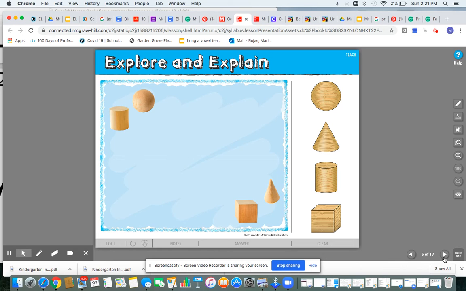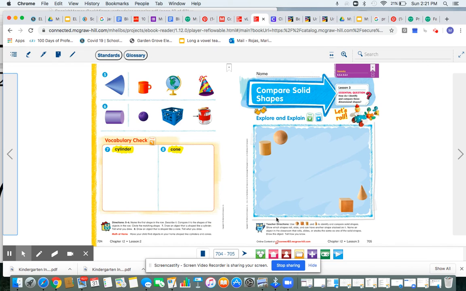So you're going to do the exact same thing where you're right here. I just went over all of the ones that can stack. So what I would do here is I would create a little chart, and I would put roll, all the ones that can roll, and I would draw them.